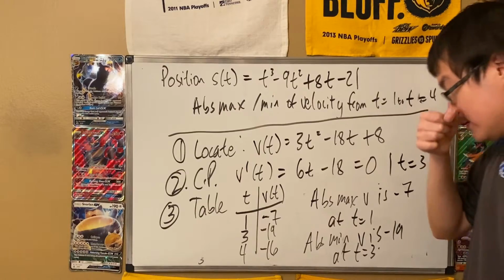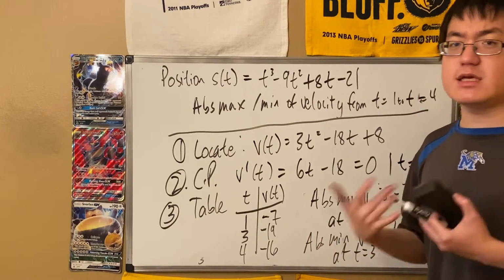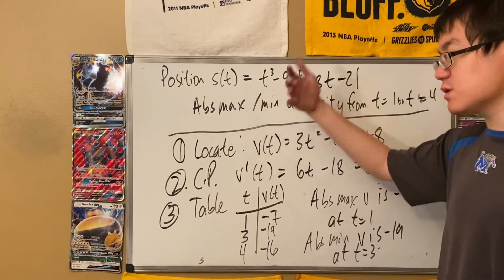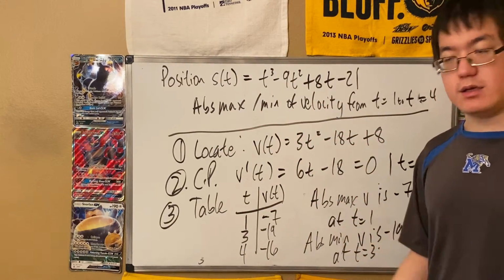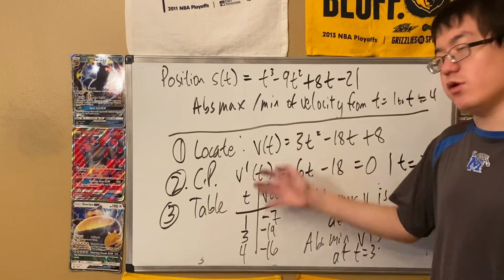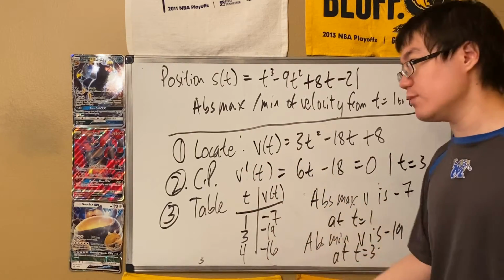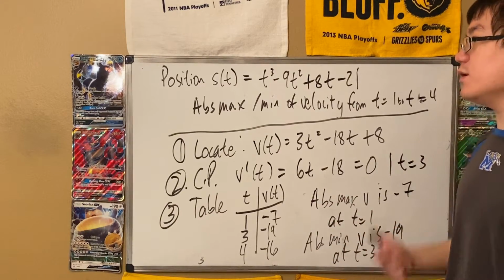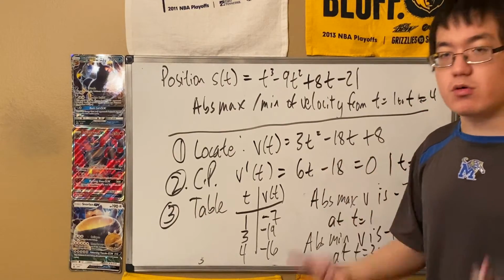So hopefully you recognize that this process is the absolute maximum min process that we have come to love, of course. 3 steps: locate, taking the derivative, setting it equal to 0, and forming a table where you plug in the left values of the table into your locate step. The only thing that people mess up probably is that they want to answer their own questions.